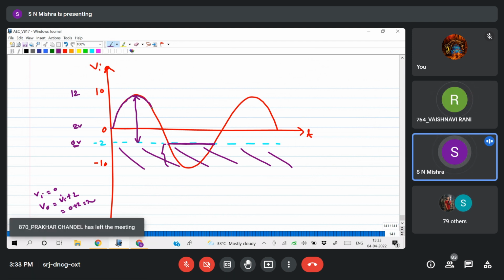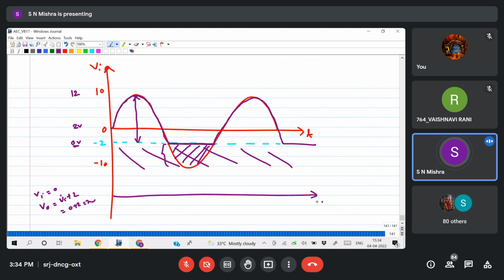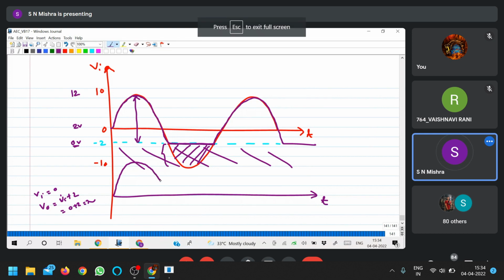Then again it will decrease from 12 up to this, then it is 0. Then it is increasing, then again it is 0. So this portion is actually cut down. If I draw it in another diagram, I will get a graph like this.